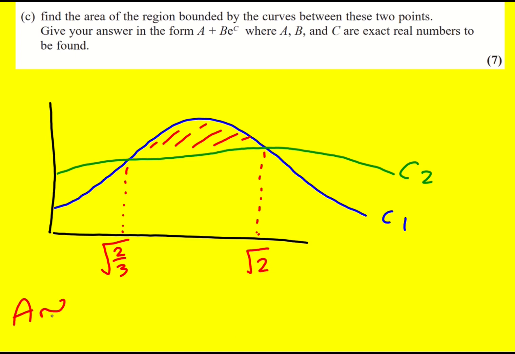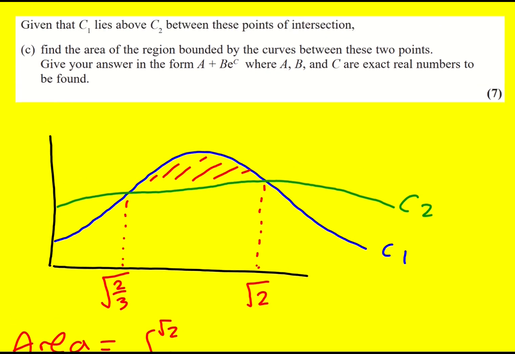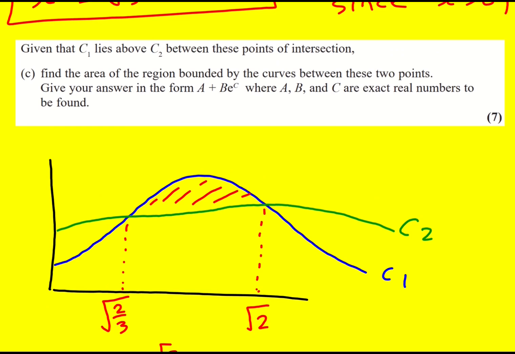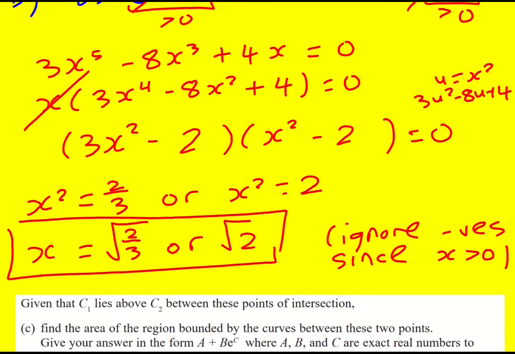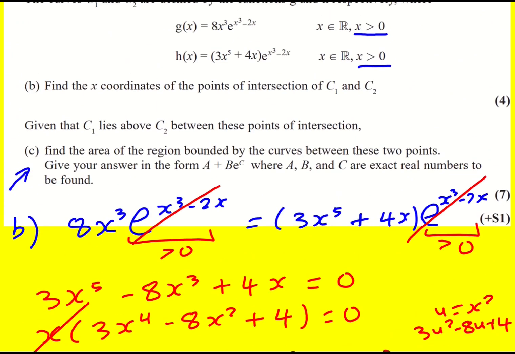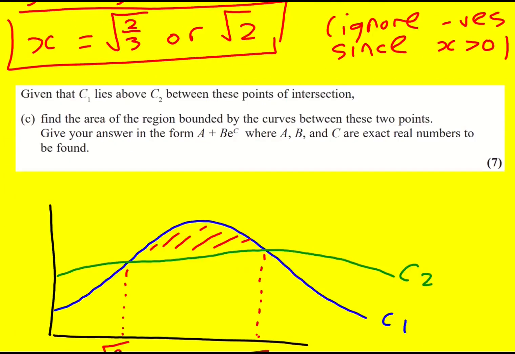So my area is going to equal the integral from this lower limit to the higher limit. And then I want to find the whole area underneath C1, which is going to be 8x cubed times e to the x cubed minus 2x.